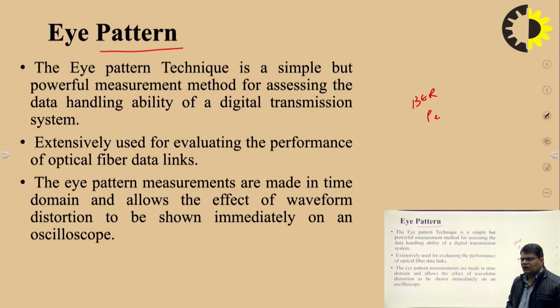But all these are mathematical tools or mathematical parameters. So we need another method by which we can analyze the performance of a communication system. One such method is the eye diagram or eye pattern.